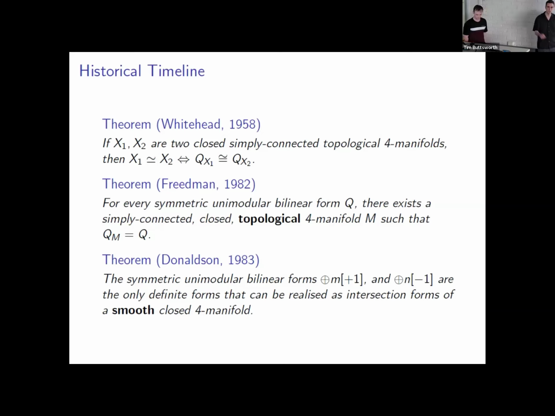It really restricts things, because in theory, how many definite symmetric unimodular bilinear forms are there? A lot. Google it. So in principle, before this, you could think you need to consider definite forms, but in fact, no, you don't, because if you're definite, then what it could be is a bunch of CP2s.